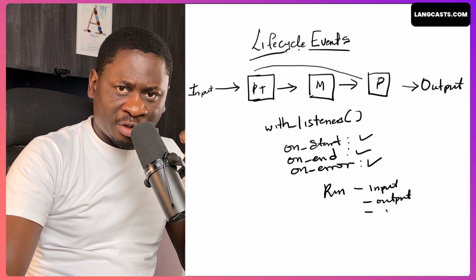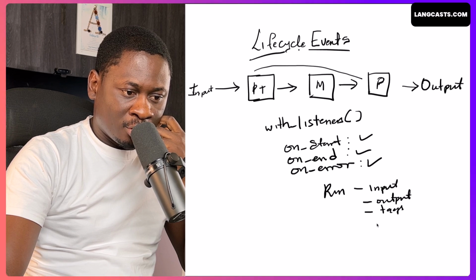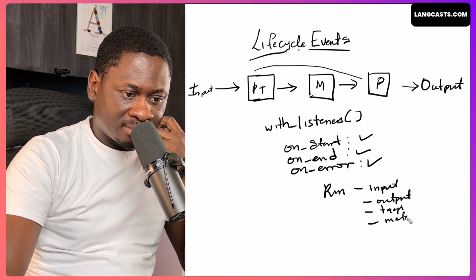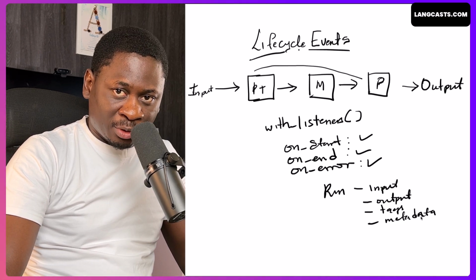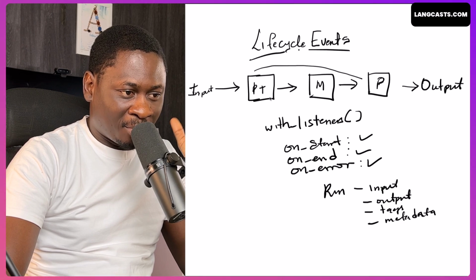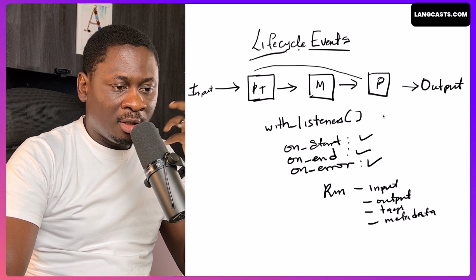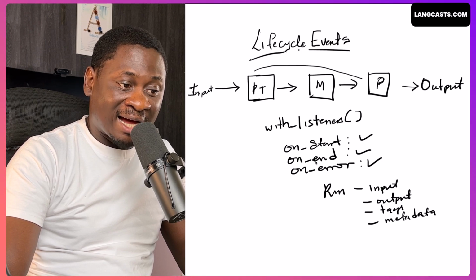And if you added some configuration parameters with something like runnable config, you can get tags, you can get your metadata, and so on. We're just going to be running a simple demo now, which uses this very common prompt template, model, parser chain. We're going to run that simple demo, and we're going to use on start and on end.